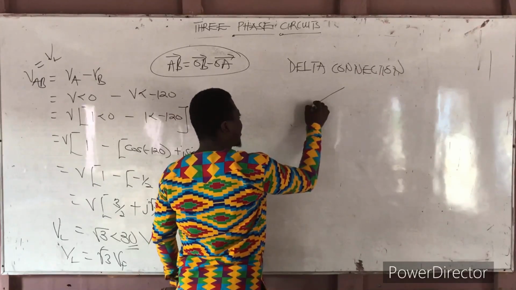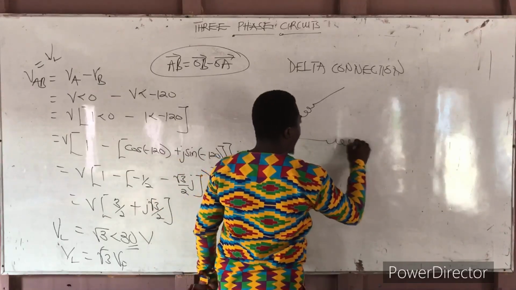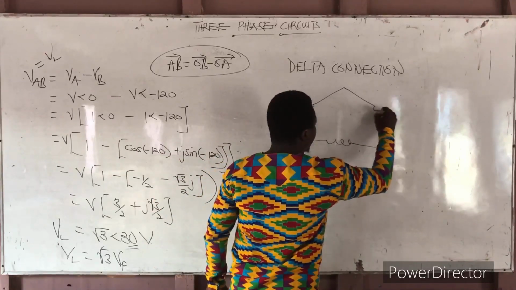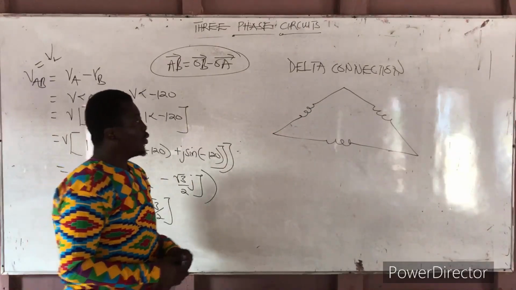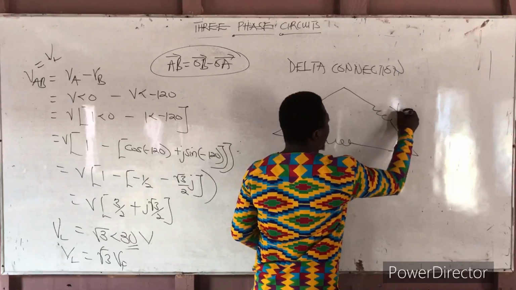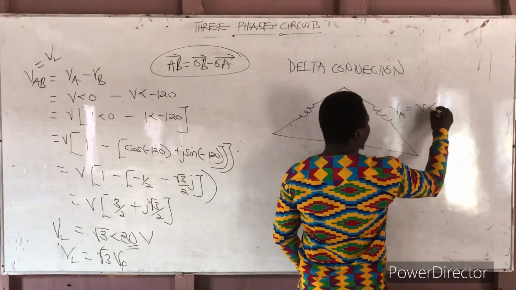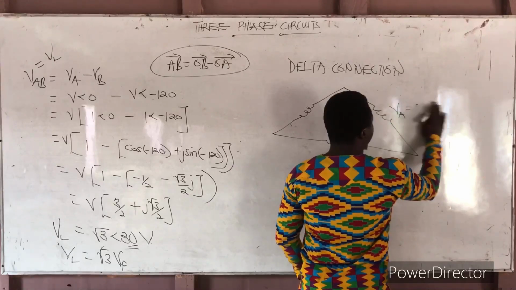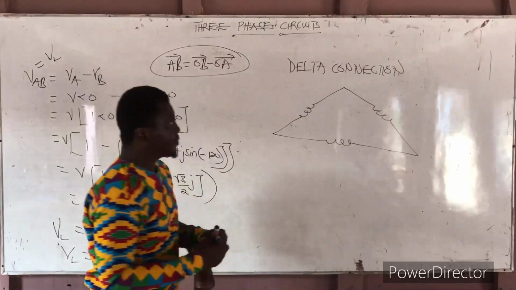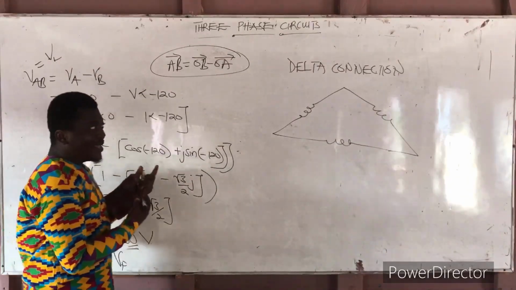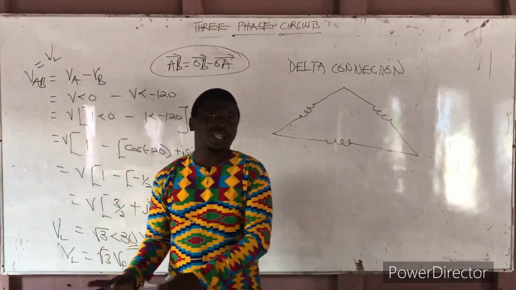Delta connection is more or less like something like this. Already we've treated delta star, so we know how star is and how delta is. So this one can represent our V, which is V at angle of 0. But in delta connection, like we said in star connection, phase current is equal to line current.